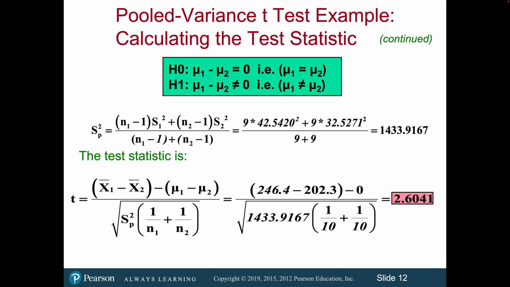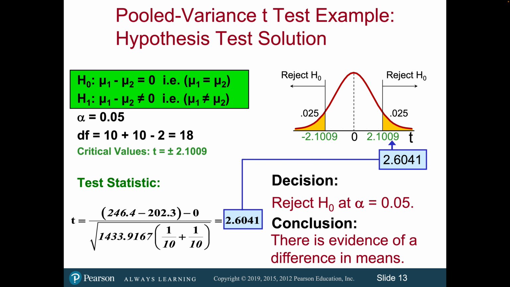So here are all the calculations. The pooled within variance is 1433.92, and the test statistic is 2.6041. The critical value is plus or minus 2.1009.